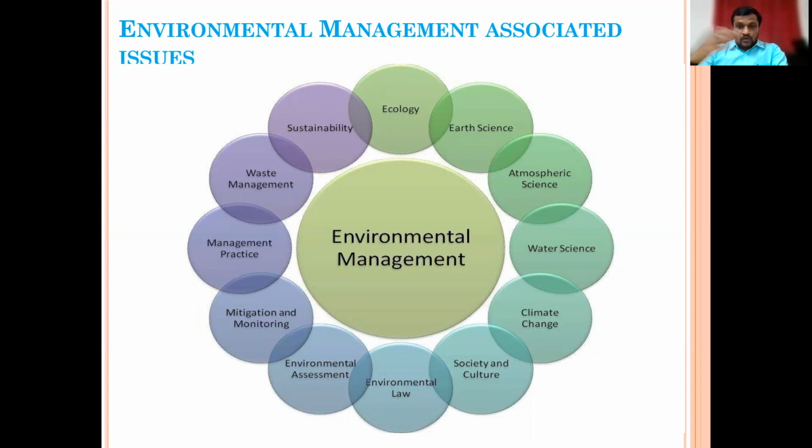We should also incorporate different environmental laws and policy in environmental management, then assessment of the environment, monitoring and mitigation of the negative consequences of environmental degradation, waste management, and sustainability. Okay, so environmental management has multiple issues. We have to focus on these issues when we talk about environmental management.